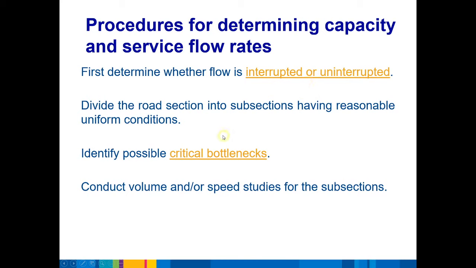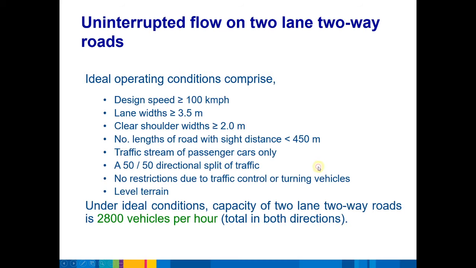We can divide the road into subsections which have reasonably uniform conditions, so sections with the same number of lanes, the same lane width, and the same speed limit. We can identify critical bottlenecks, and then we can perform some sort of traffic survey, speed studies or volume studies, to see exactly how vehicles are operating in that area.